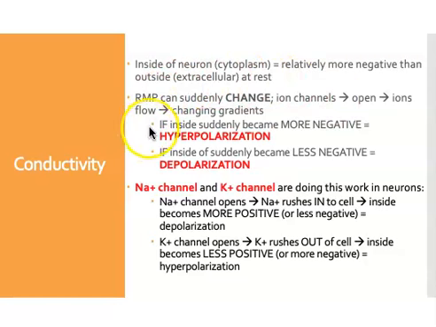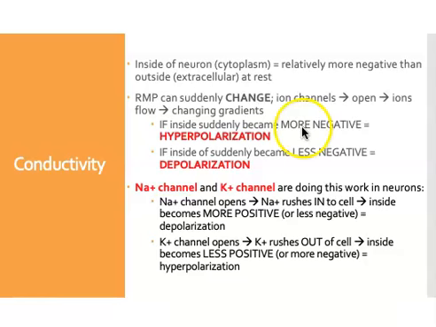If the inside of a neuron suddenly becomes much more negative, we're going to give that a name. We're going to call that hyperpolarization. If the inside of the neuron suddenly becomes much less negative, we're going to give that a name too. We're going to call that depolarization. Now, I'm using these phrases more negative and less negative, but I want you to remember something.